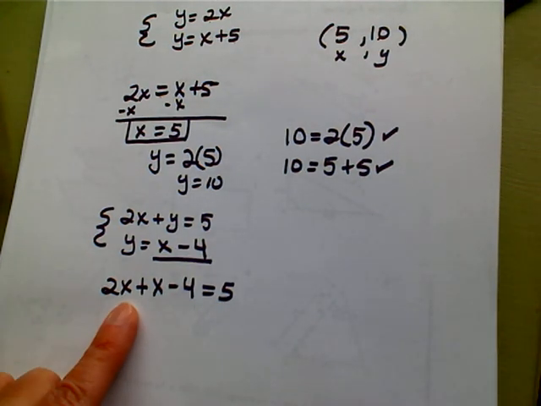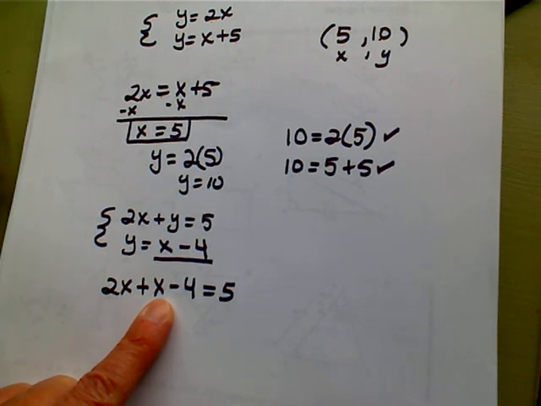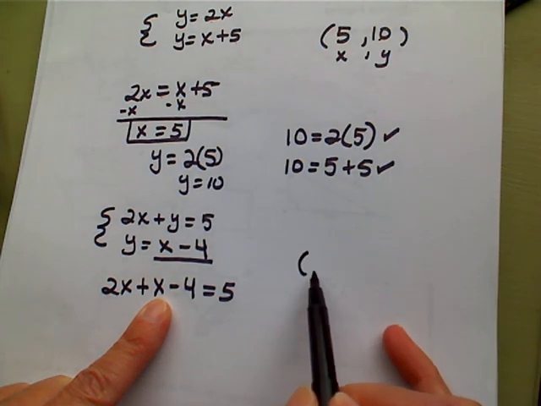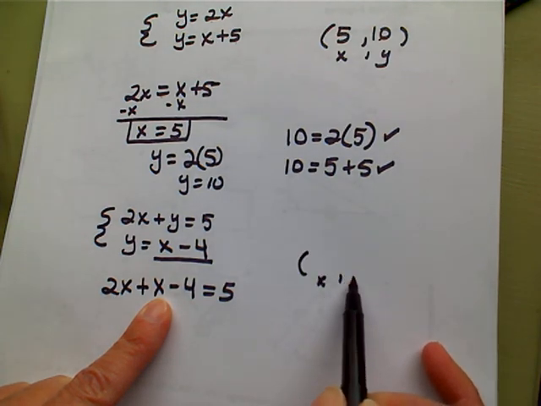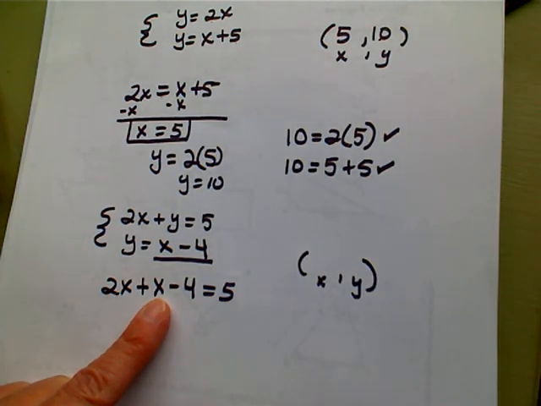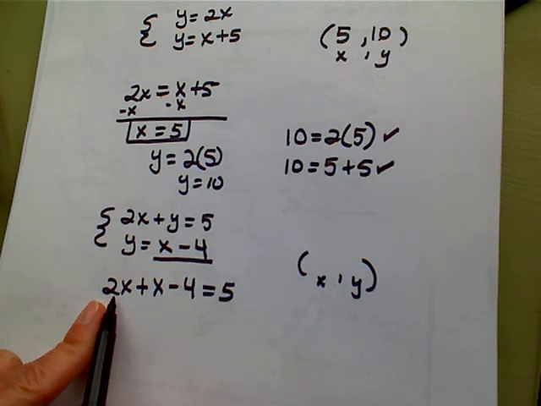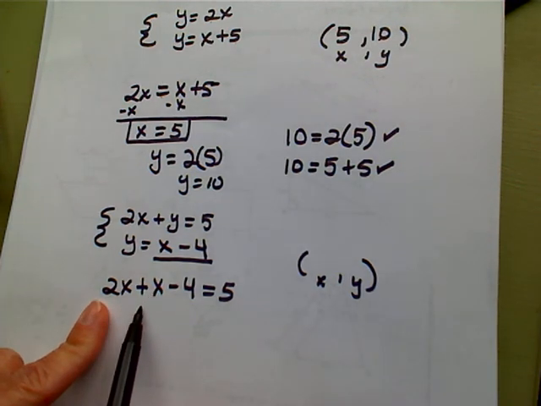So I only have x's in this equation, so that means I'm going to isolate the x. I'm going to solve for the value of x, because I'm looking again for my x and my y in my ordered pair, my solution. So if I have 2x plus x, we know that gives me 3x.